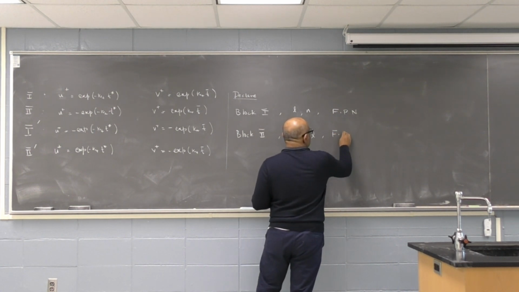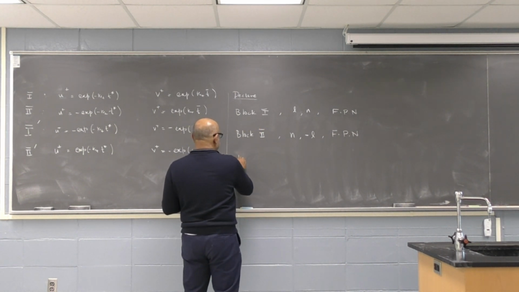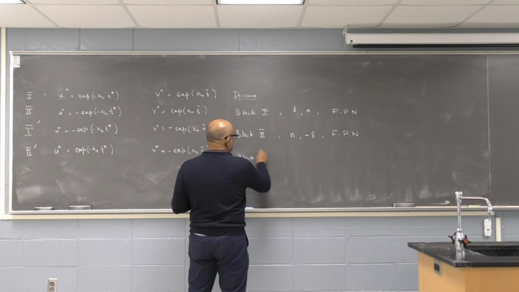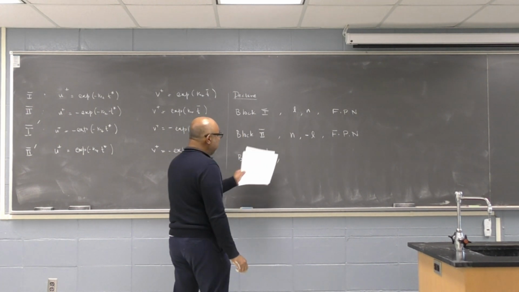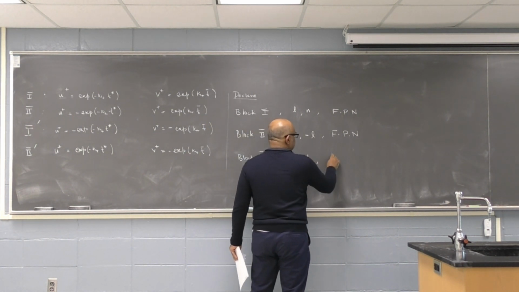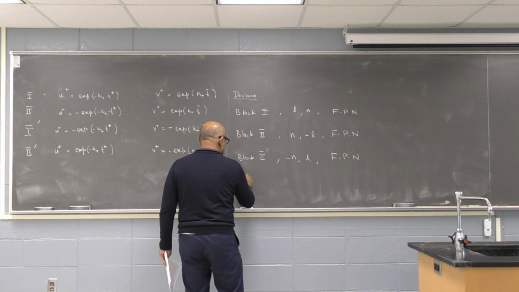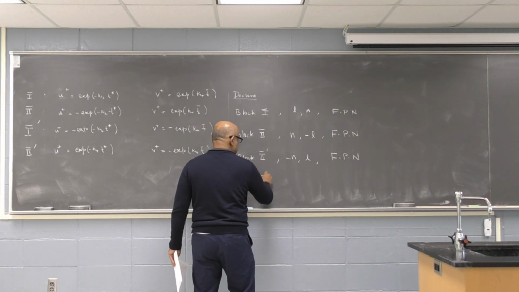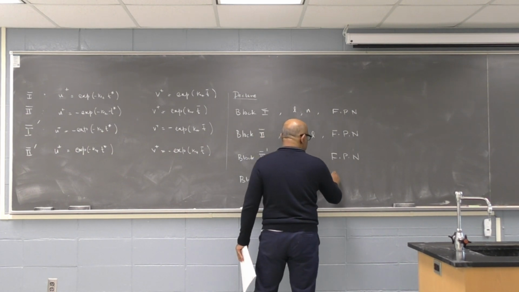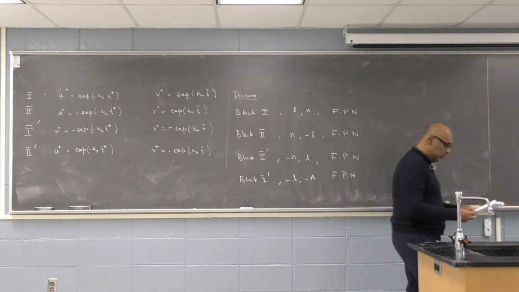Is future pointing null. Block 2 bar prime, it's the flip of this: minus n and L is future pointing null. And block 1 bar prime: it's minus L, minus n, which is future pointing null. This is just declared.